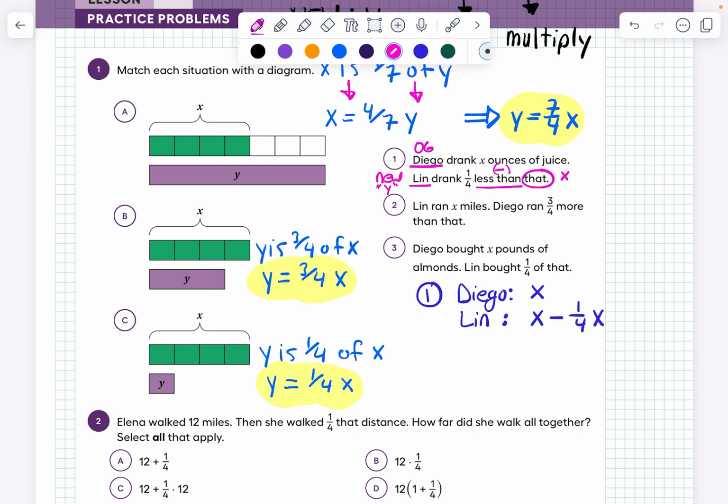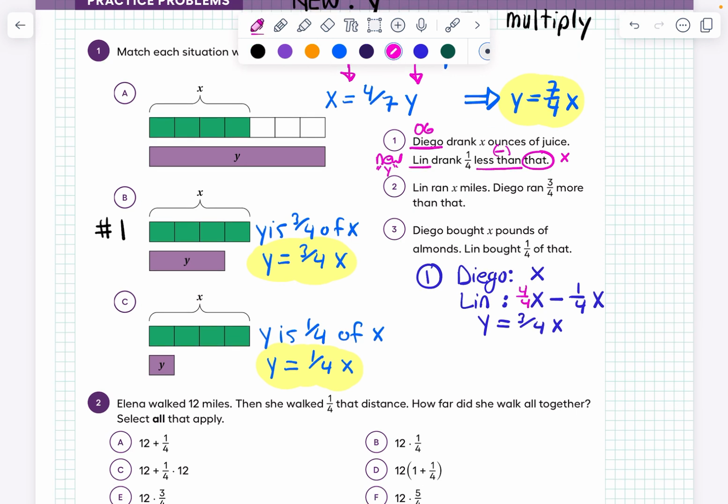And to make life real easy, I'm going to say 4/4 X minus 1/4 X. And I'm going to translate this: Lynn is our Y value. Y equals 3/4 X. And that matches up to B. So let's put this as number 1.